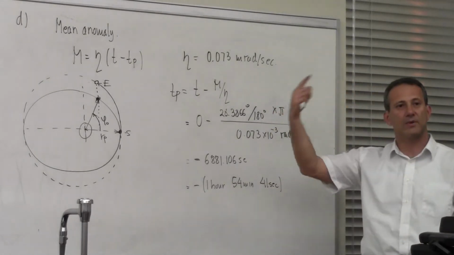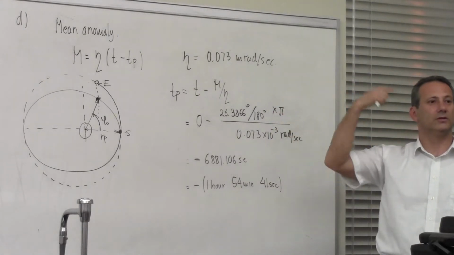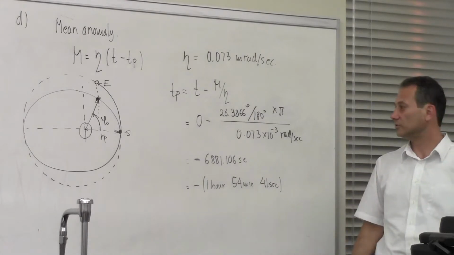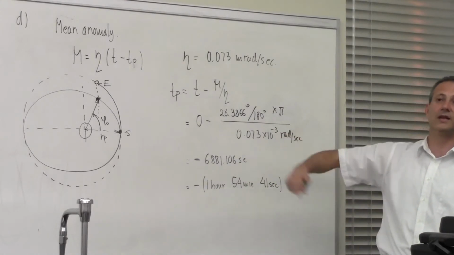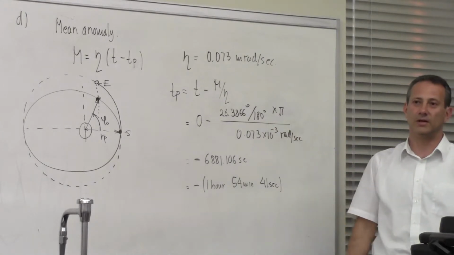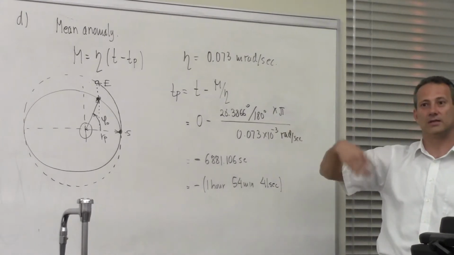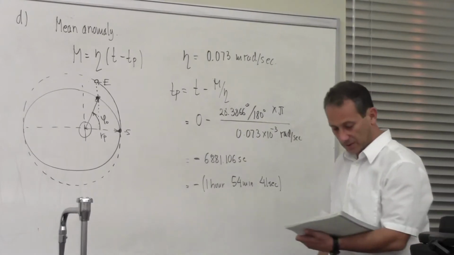Now, when is the next time I'm going to go? I have to add my period to this value. So this is when I went through perigee, and then 24 hours after that, I'm going to go through perigee again.